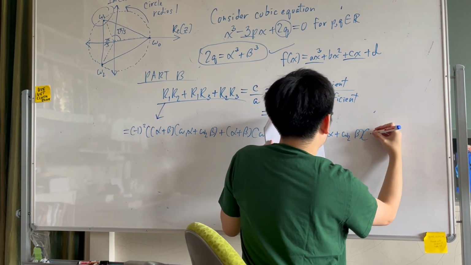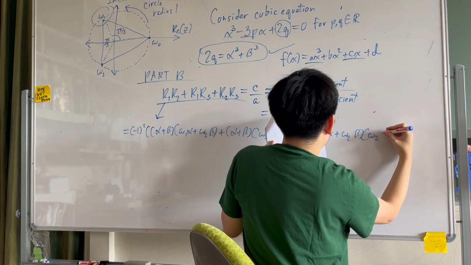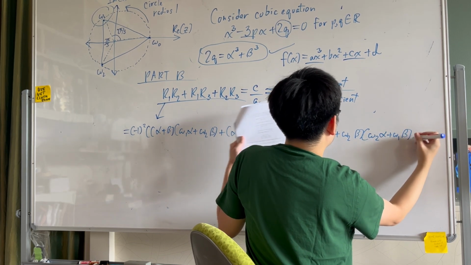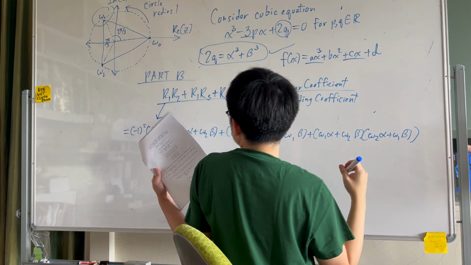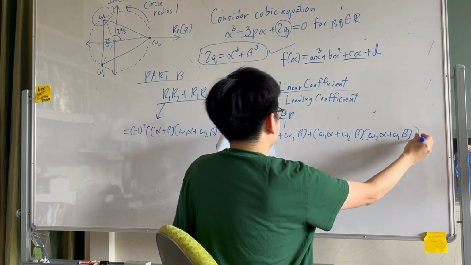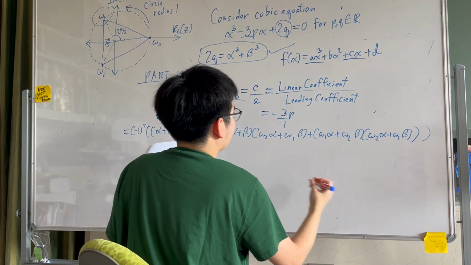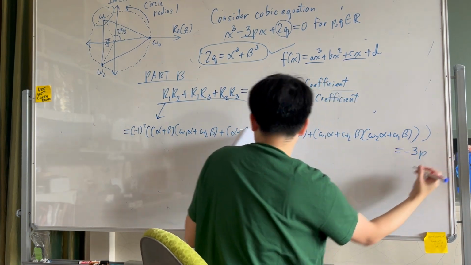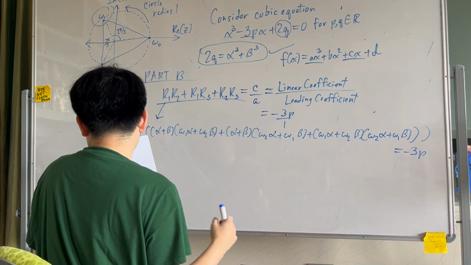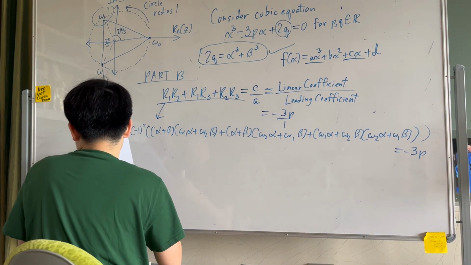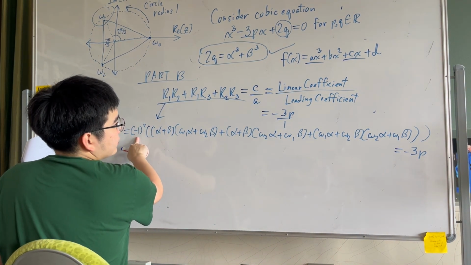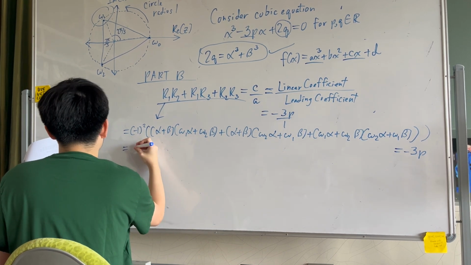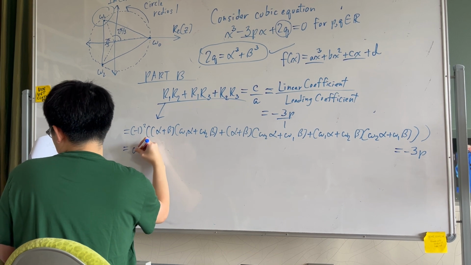I'm sounding like a drone now, or a Dalek. Close that thing here. All this equals minus 3p. And then you have a (-1) squared and you have a minus 3p. This is disastrous.